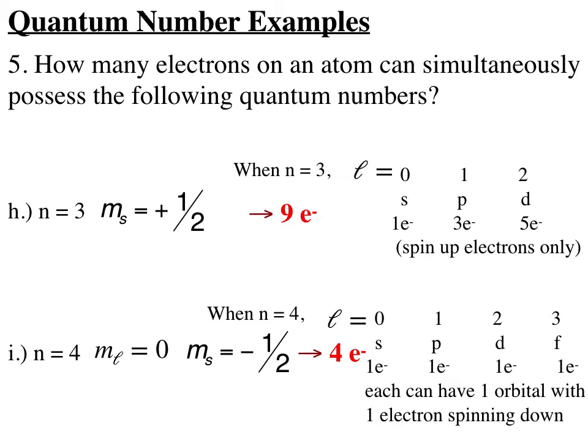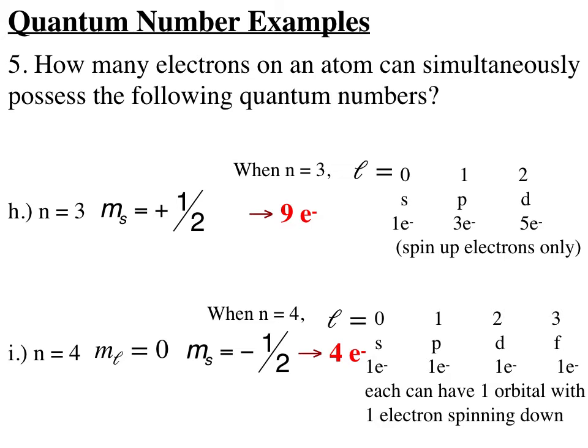Then finally, for example I have n equal 4, M sub L equals 0, and M sub S equal minus 1/2. And now, let's be clear, on level 4 there are 4 different orbitals, each of them having an M sub L equals 0. The S has m sub L equals 0 possible. The P, the D, and the F all have m sub L equals 0.